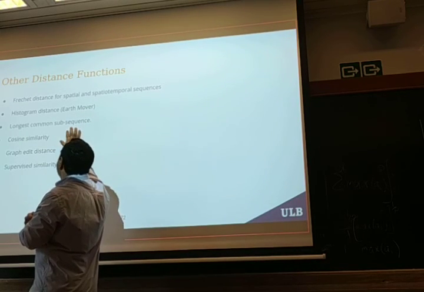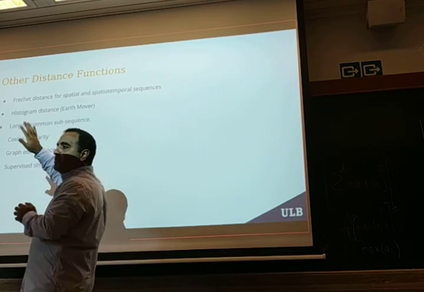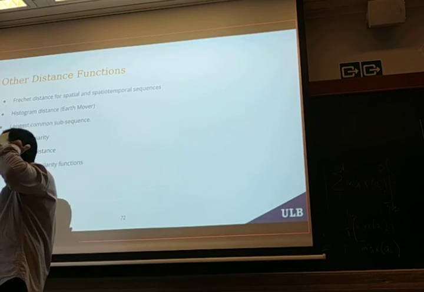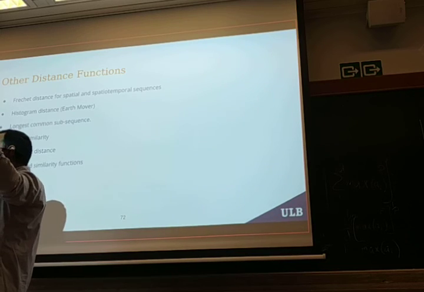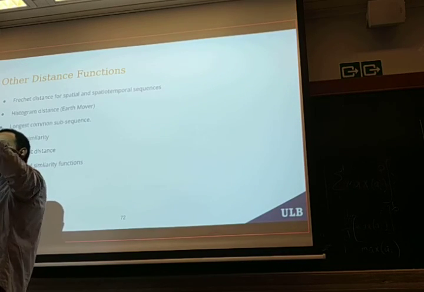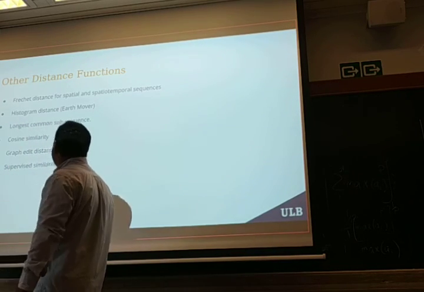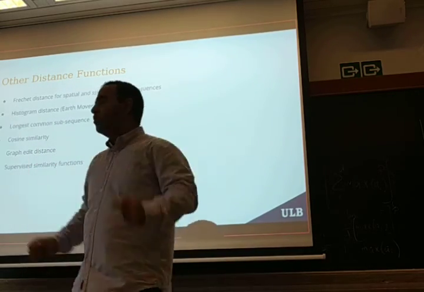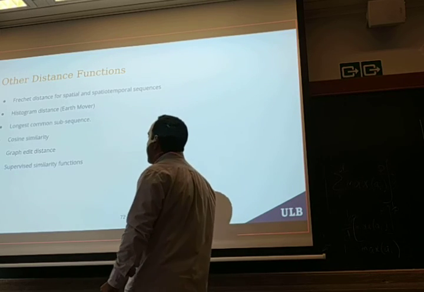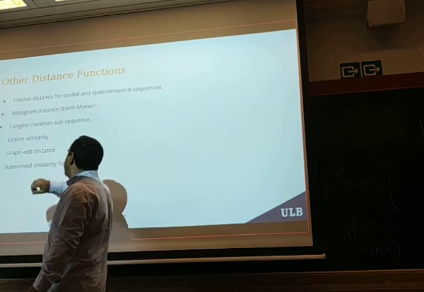Or looking at the longest common subsequence, especially when we do time series matching, we want to see repeating patterns. Cosine similarity, if we have multi-dimensions in the data and we want to combine them in a better way than Euclidean.